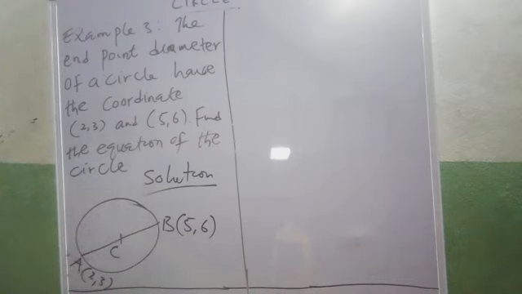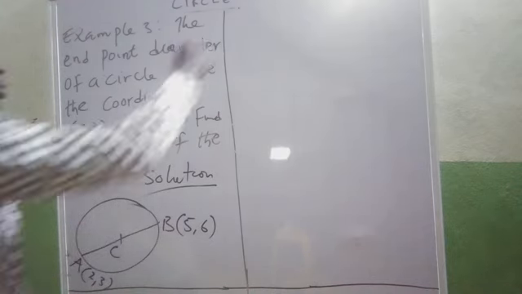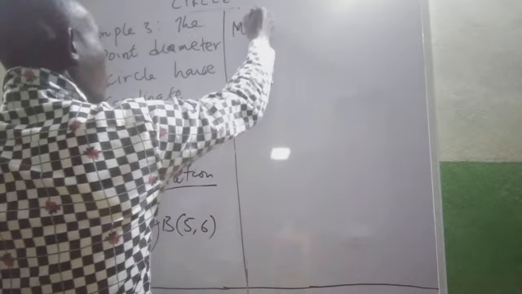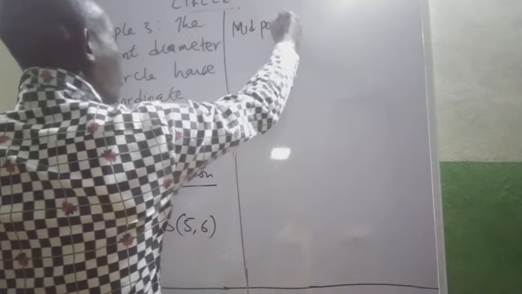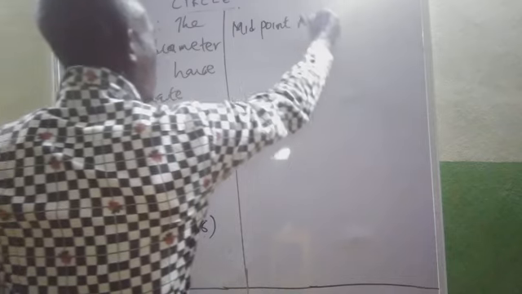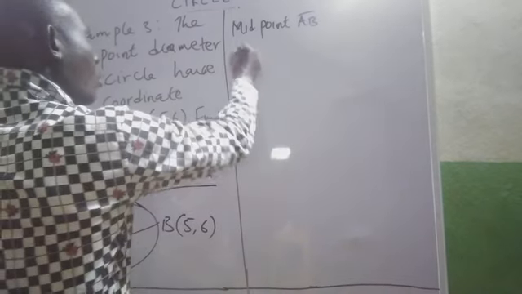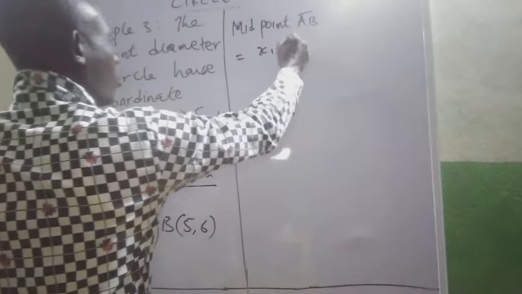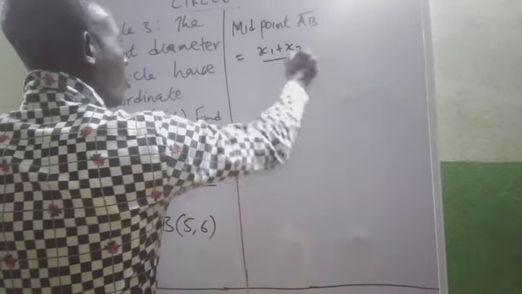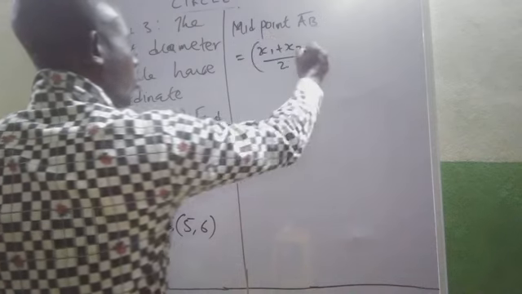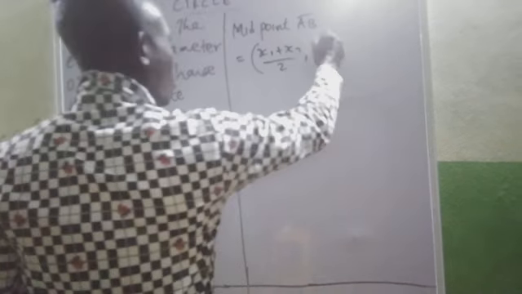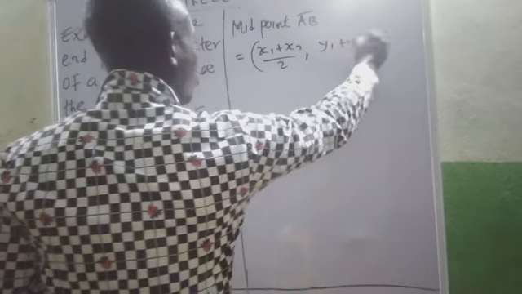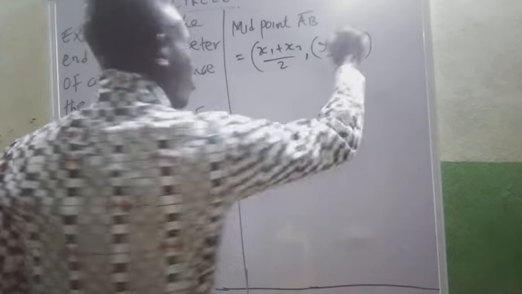We know that the midpoint of AB will be equal to ((s1 plus s2) over 2, (y1 plus y2) over 2).